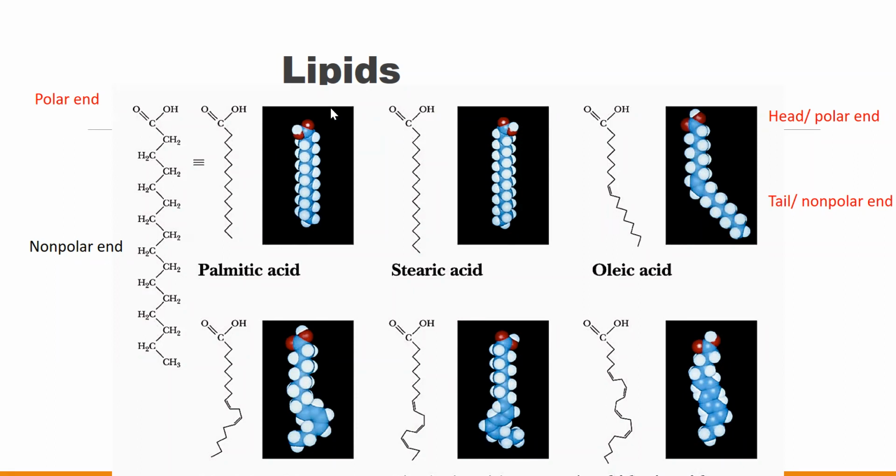So if, for example, you have too many saturated, you call this a saturated fatty acid, there's no double bond here in the structure. Expect this to have a lot of palmitic acid here, and you expect that there will be strong interaction between the tails of these palmitic acids, and with a strong interaction, you would expect the melting point to be high.